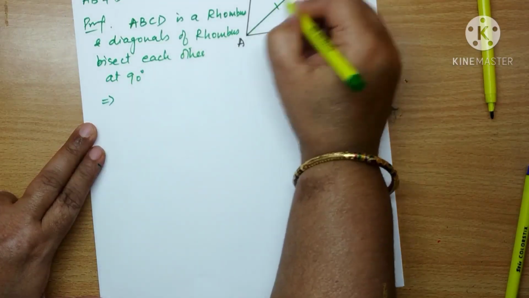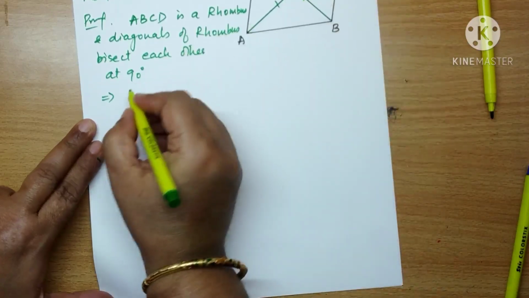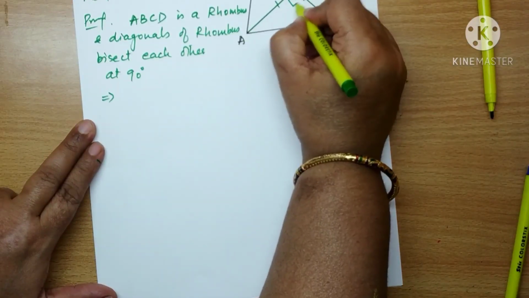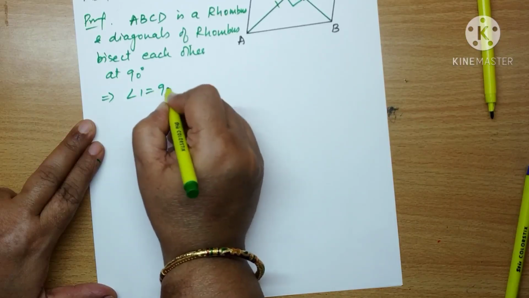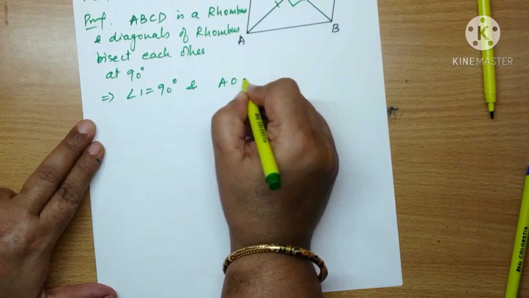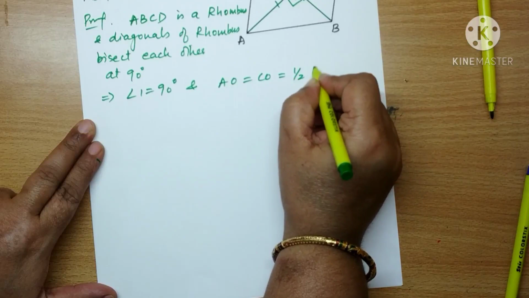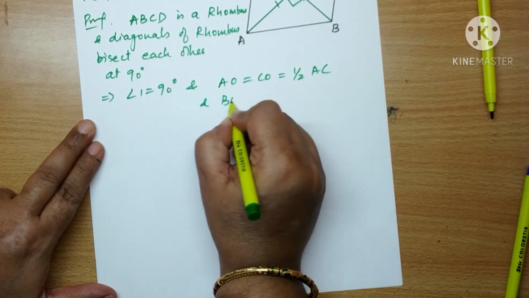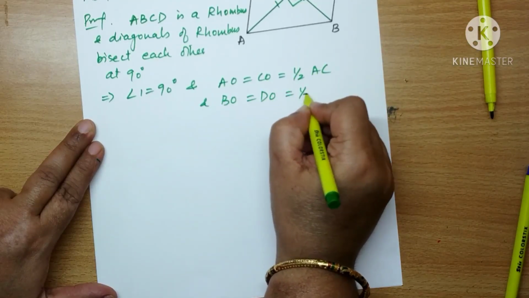This implies these are equal, and angle 1 is 90, and AO equal to CO equal to half of AC and BO equal to DO equal to half of BD.